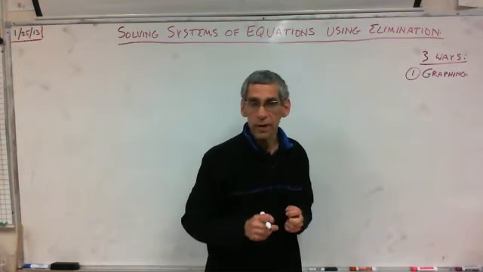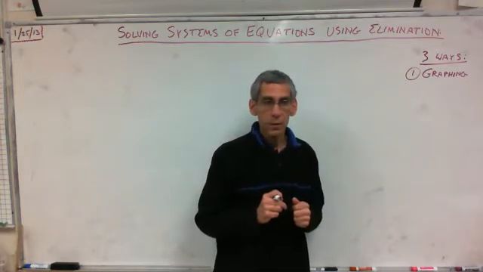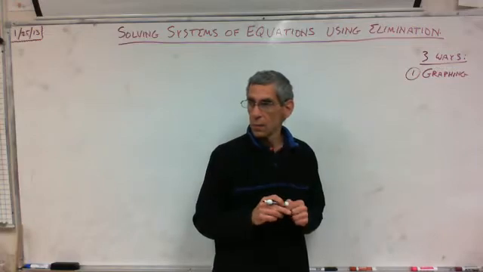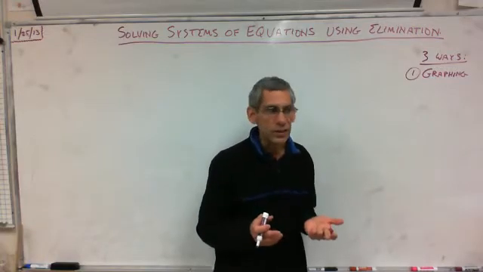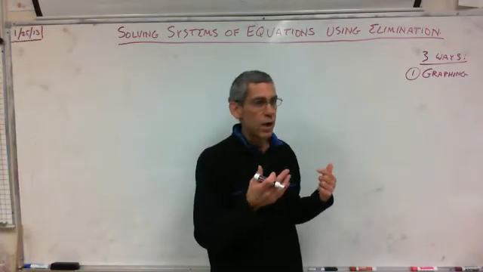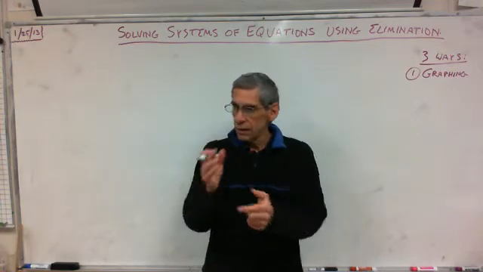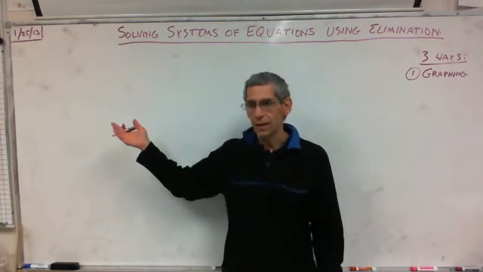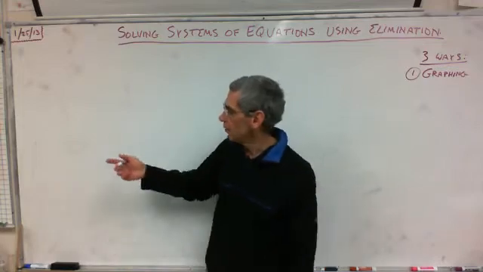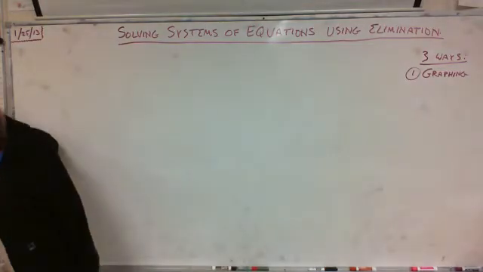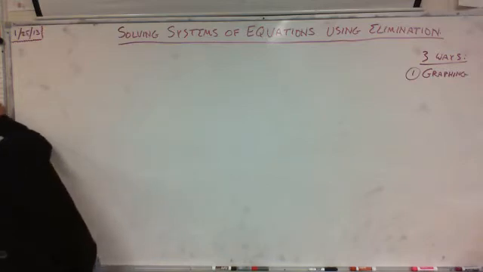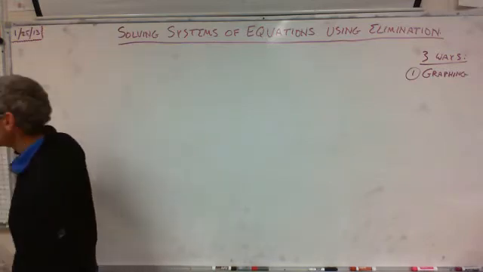What is the problem with graphing? Does anybody know? Yeah, so. Fractions, right? If your x and your y is a fraction, then you don't know where it is exactly on the point. You know what I mean? If you've got 2 lines and they cross right there, I don't know what point that is.